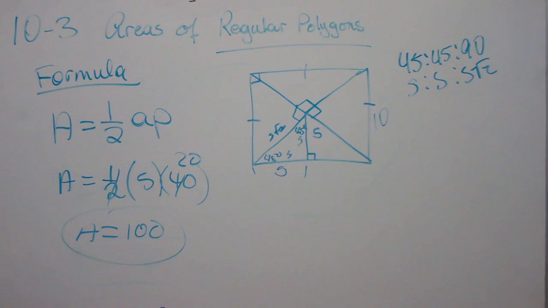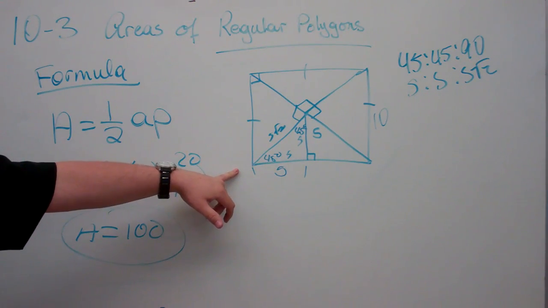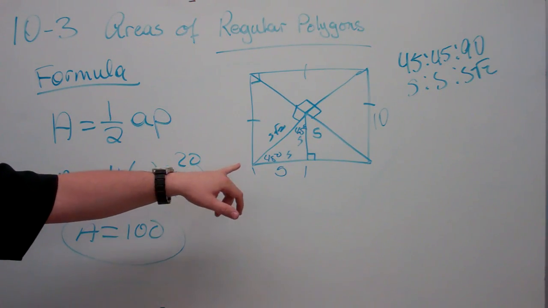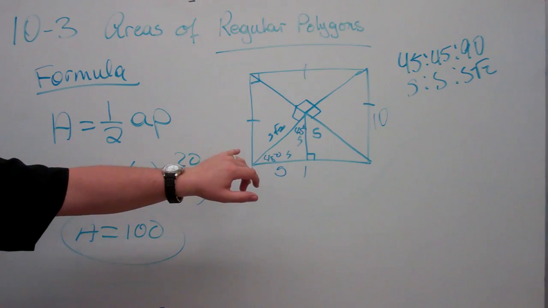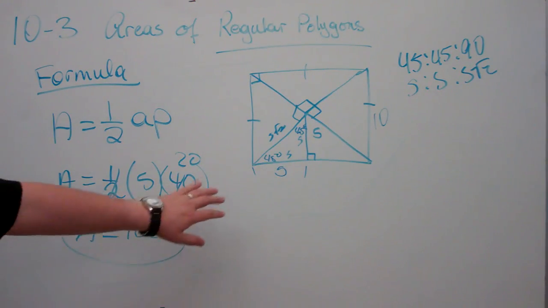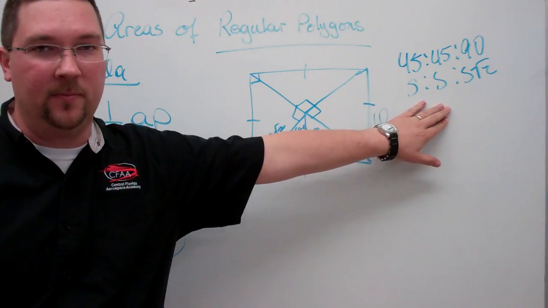Alright? But again, you're going to have to be strong in your trig in order to do these. So make sure you brush up on your trig, because for 10-3, all of these will end up as either a 45-45-90 triangle or a 30-60-90 triangle. So you're going to need to know, why am I saying trig? You're going to need to know your ratios for your special triangles, okay?